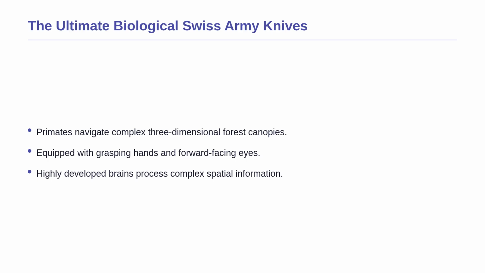Primates, however, are like the ultimate biological Swiss Army knives of the forest canopy. We evolved specialized tools like grasping hands, forward-facing eyes, and highly developed brains to survive in these dense, three-dimensional environments. Think about how easily you hold a smartphone. That is your ancient primate heritage at work.